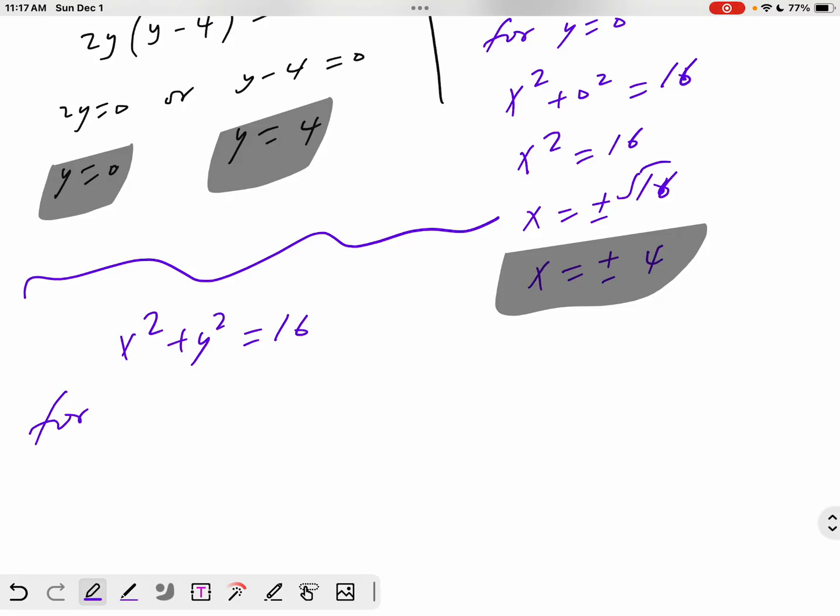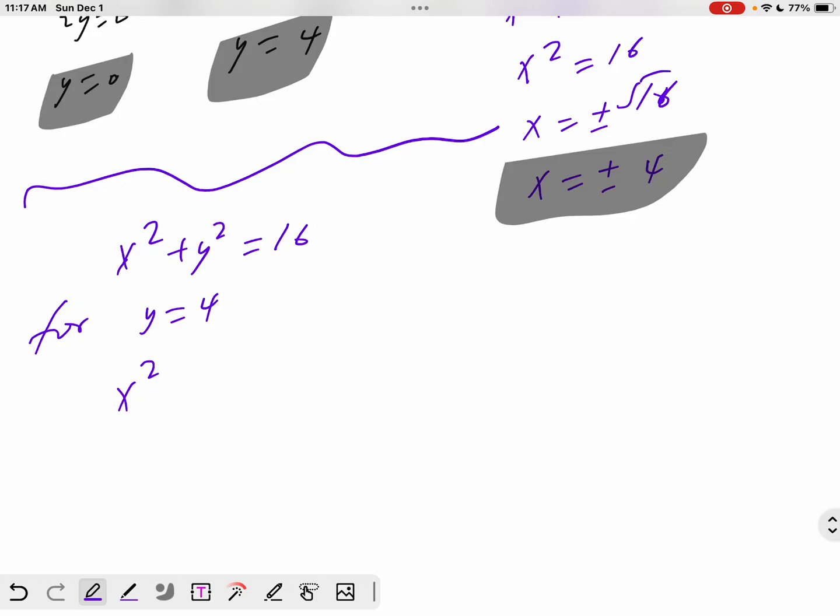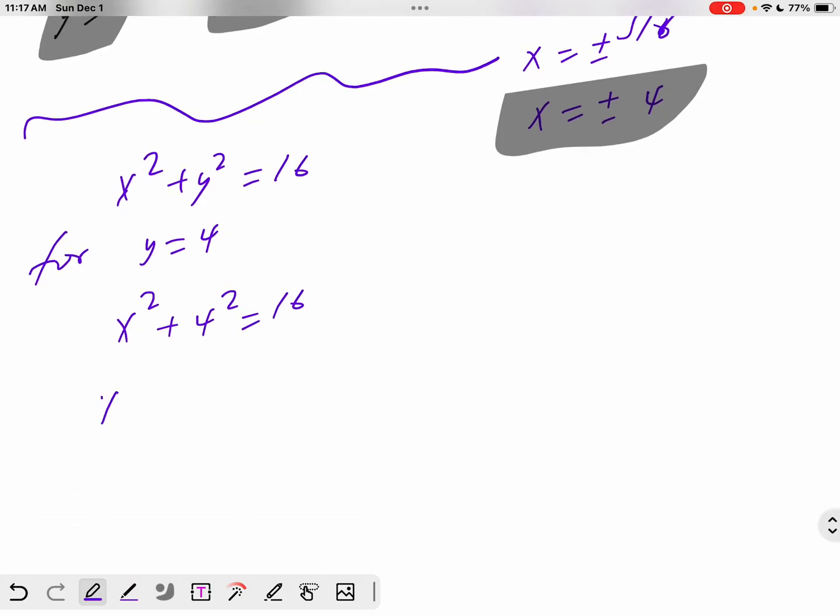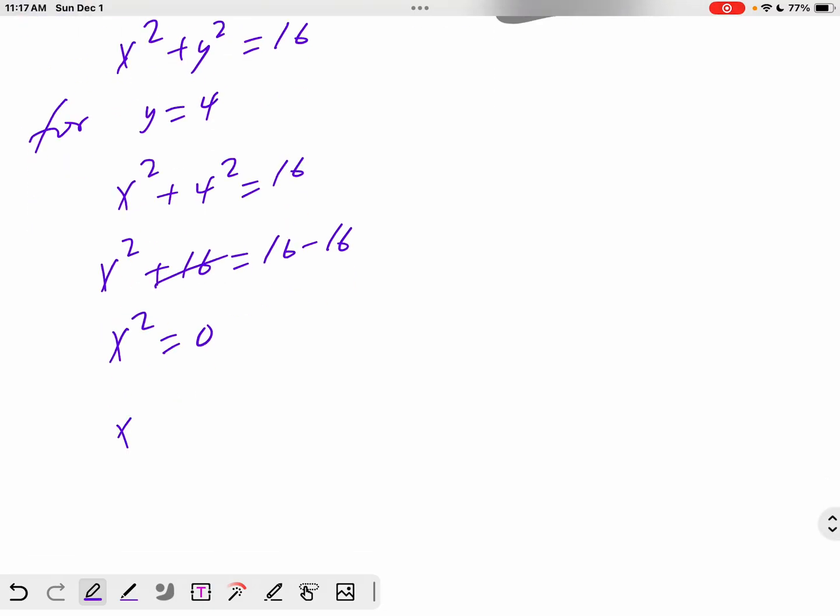So for y equals 4, this is x squared plus 4 squared equals 16. Then x squared plus 16 equals 16. x squared equals 0 because 16 on the other side becomes minus. So the square root of 0 is 0, so we get 0 only once. So x equals 0. Okay, let's write the solution set now.